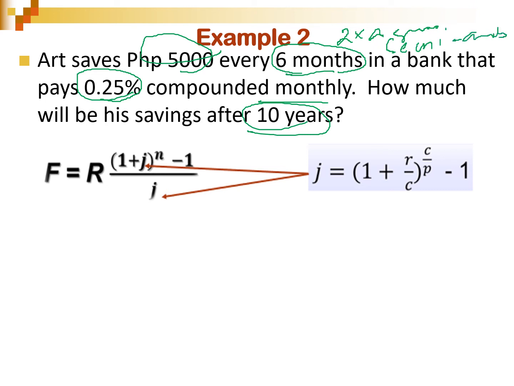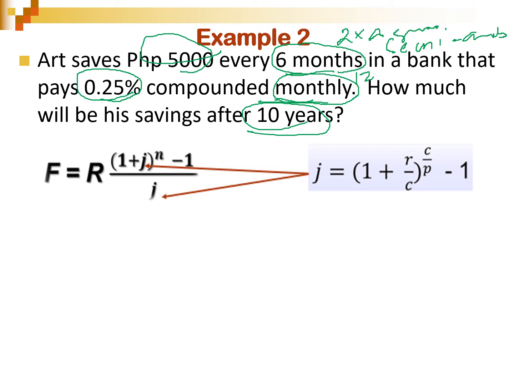While the compounding interval is monthly, meaning to say 12 months if it is monthly. How much will be his savings after 10 years, which is asking for the future value?